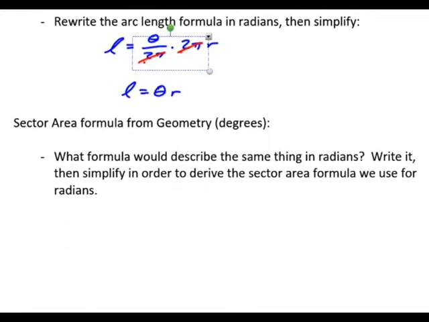We can do the same thing with the area formula. Remember that the area was, once again, the fraction of the circle that we're dealing with times the area formula, pi r squared. In radians, we get to simplify it a little bit. Once again, 360 degrees is equivalent to 2 pi radians.